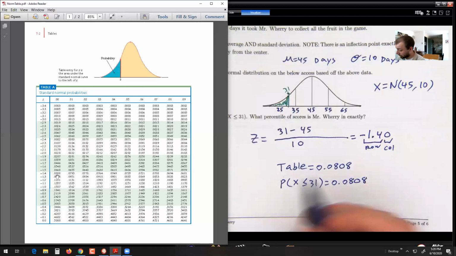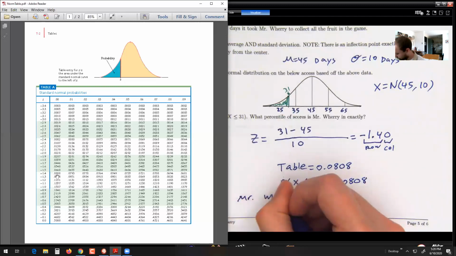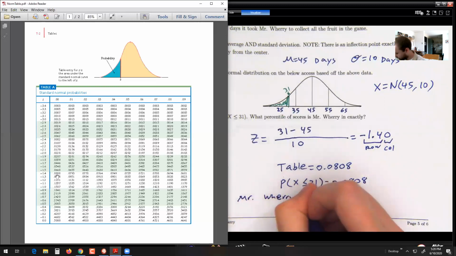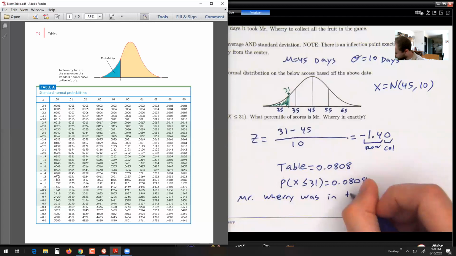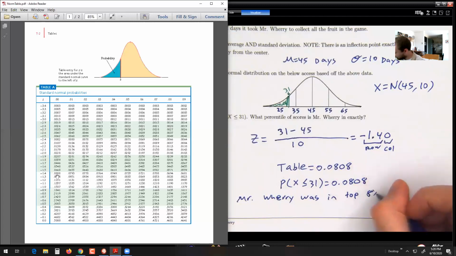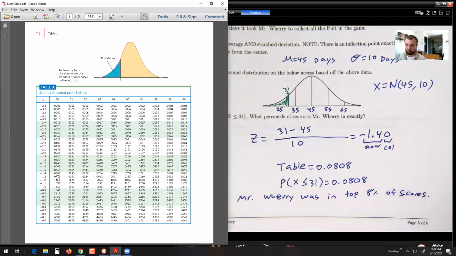So to phrase this another way, Mr. Wary was in the top 8% of scores. So I'm finding sort of the percentile, my relative score compared to everyone else.